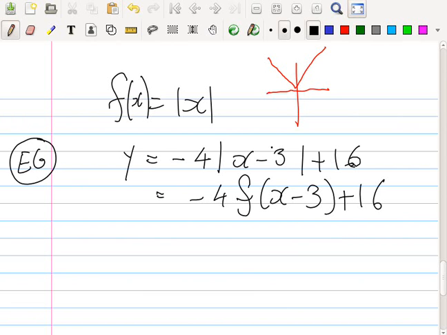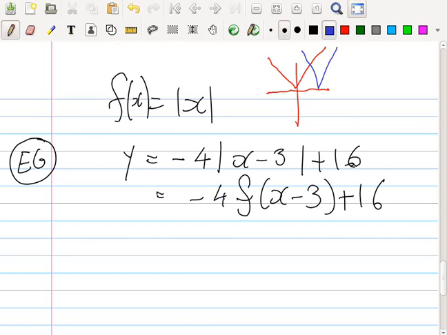So we could draw this by just transforming this original here. Okay, so let's start. What do we do first? 3 to the right, so I'll do a proper graph in Derive, but 3 to the right we'll put it like here. And then what's next?